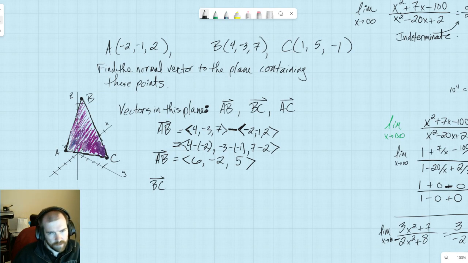Okay, so let's do AC. It might matter. So A is our -2, -1, 2, which we're again going to subtract from our C vector this time, 1, 5, -1.